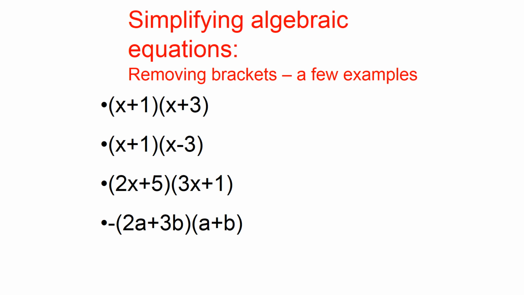Okay, so let's deal with it at the beginning. So we could just times all of this stuff by minus 1. So minus 1 times 2a is minus 2a, plus minus 1 times 3b, which is minus 3b.